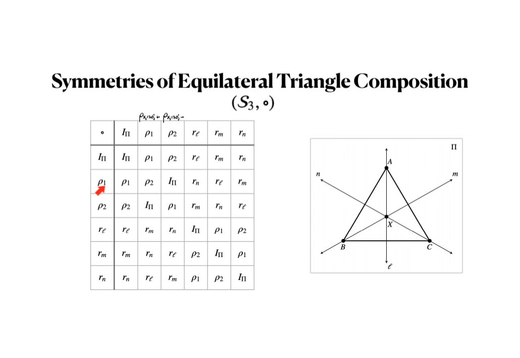But if I compose a 120 degree rotation in a positive counterclockwise manner, and then I do it again, what I end up with is a 120 degrees clockwise rotation. So this table summarizes all the results of my compositions.